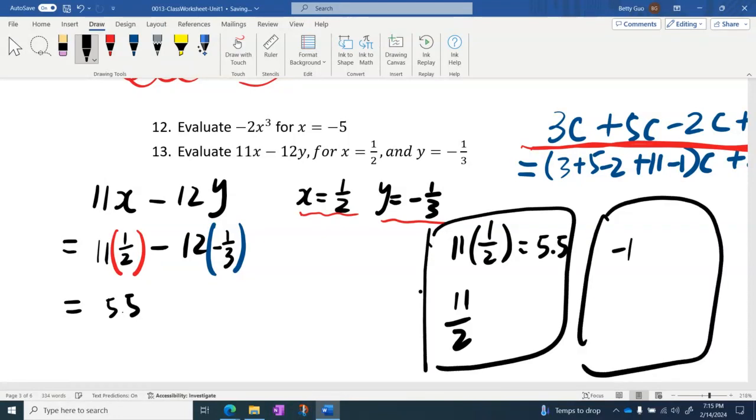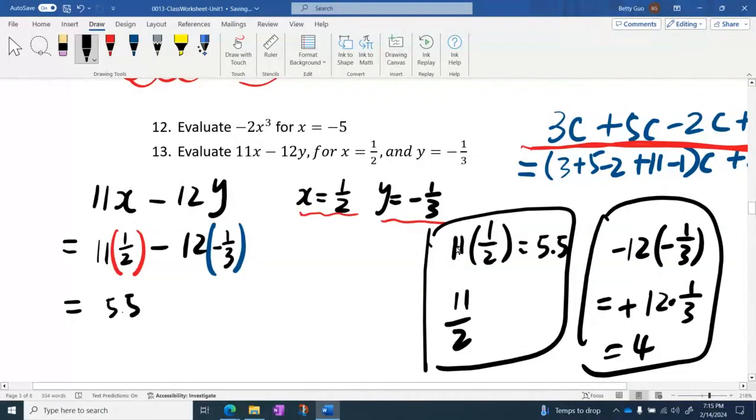The second part is negative 12 times negative 1/3. Negative times negative is positive. Positive 12 times 1/3. What is a third of 12? You have $12. You have three kids, and you give each kid $4 to evenly distribute the $12, right? Yeah, it's 4.